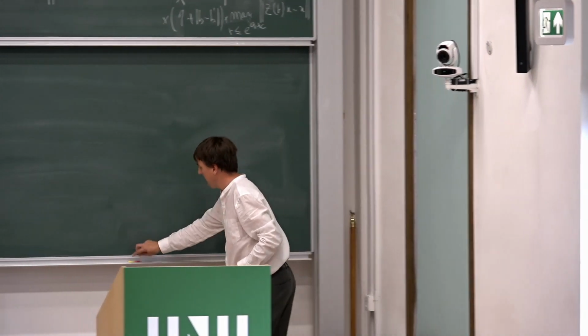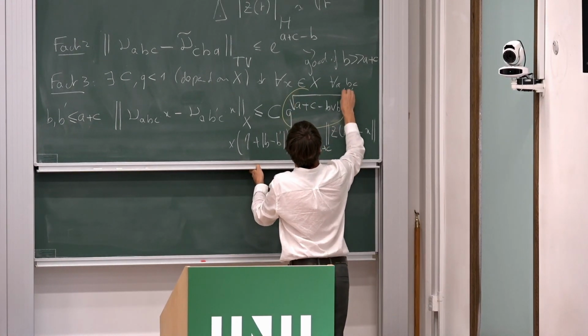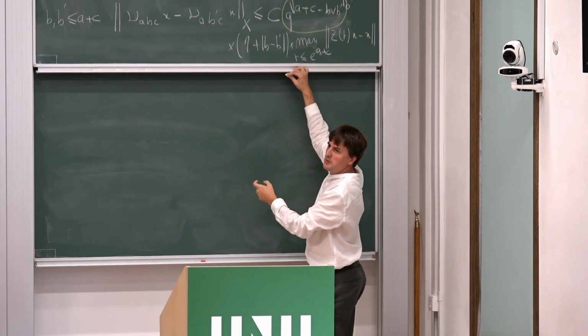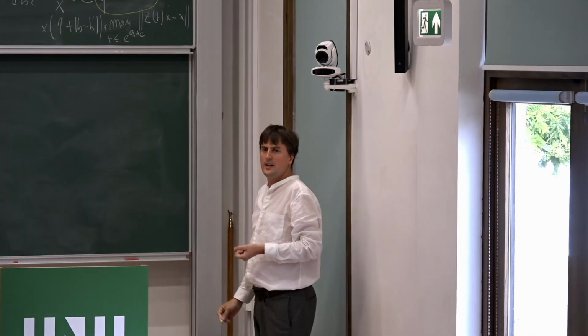What is important here is Q. So it's not important exactly what it is, but what is important is we have something that is strictly less than 1 to some power that will become very large.